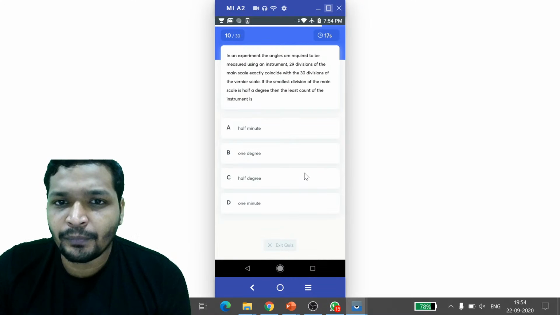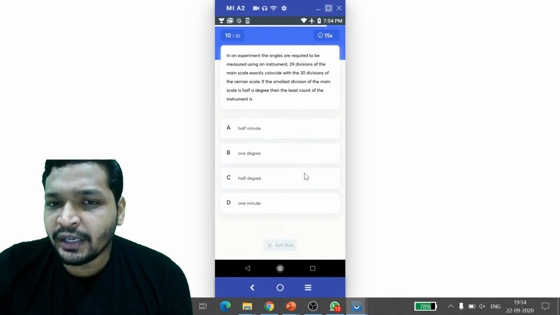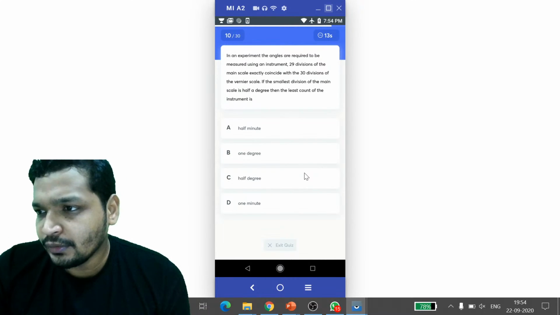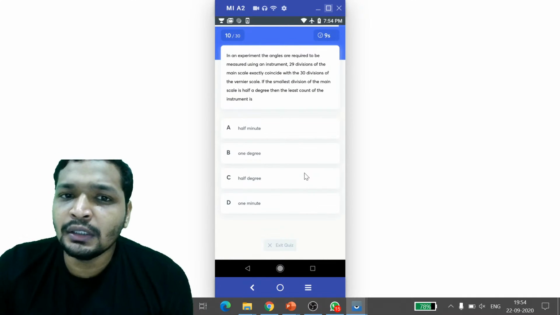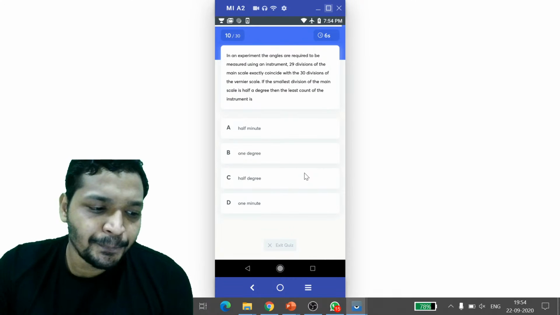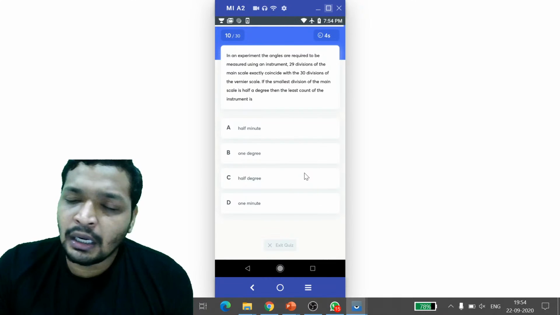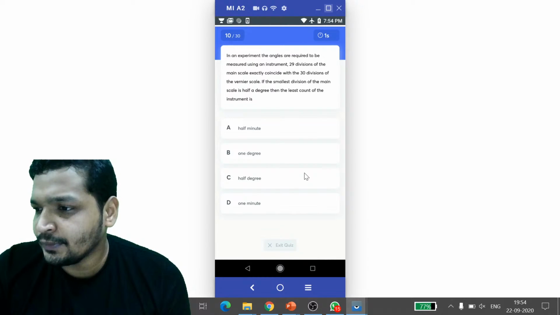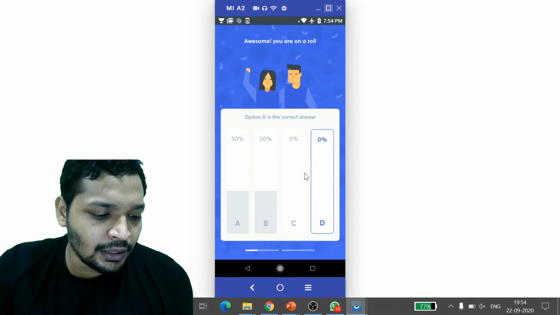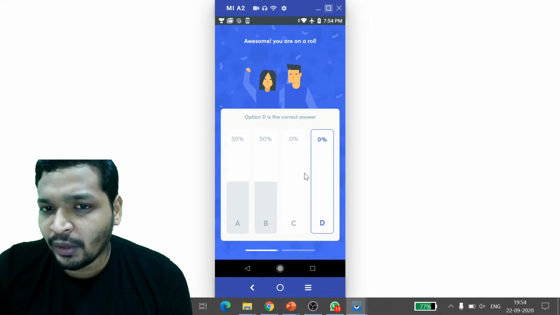Okay, so it would be 1 minus 29 by 30 into half a degree. That is going to be 1 by 60 of a degree. And how many minutes in a degree? 60 minutes in a degree. The answer should have been 1 minute.